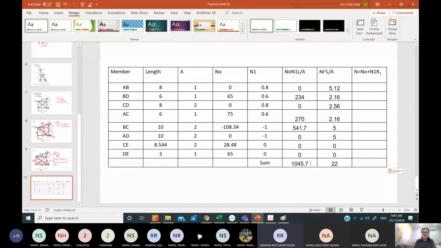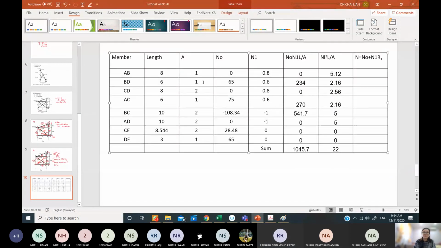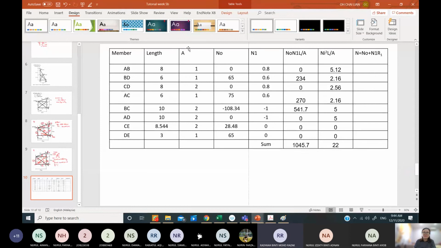So now I can write my compatibility equations. Okay, let me know if I'm making some mistakes. Okay, delta 1 equal to delta 1 naught plus delta 1 R1, which is also equal to 0.